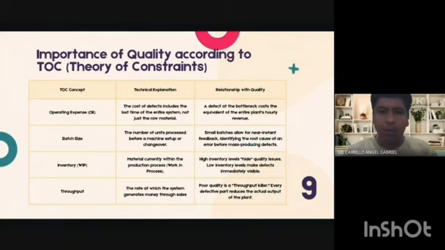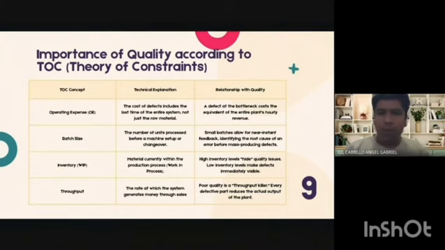Hello, my name is Angel Gabriel. This table illustrates how quality impacts the four pillars of the Theory of Constraints. Operating expense. A defect at a bottleneck isn't just lost material, it's lost revenue for the entire plant. Batch size.